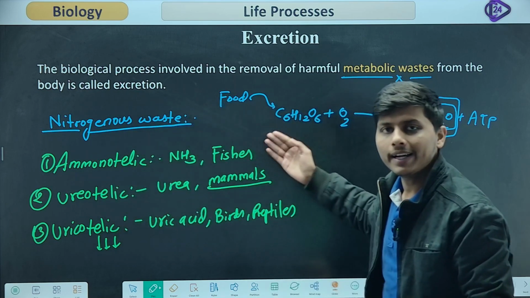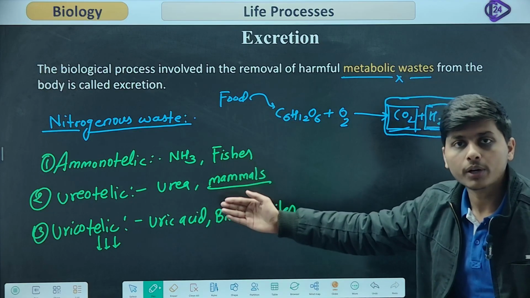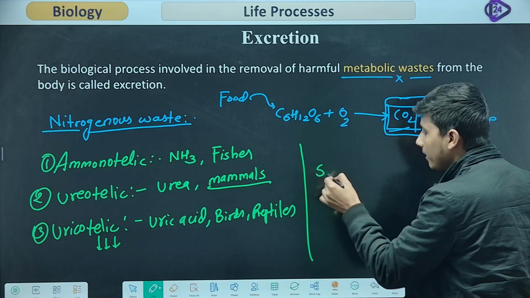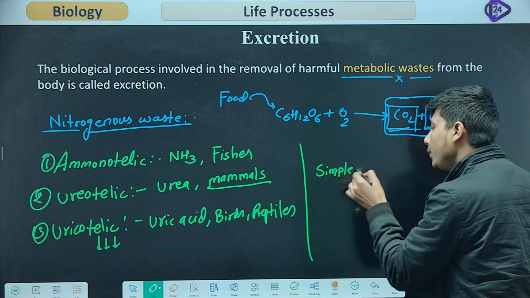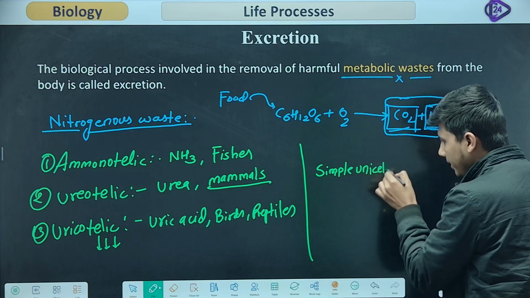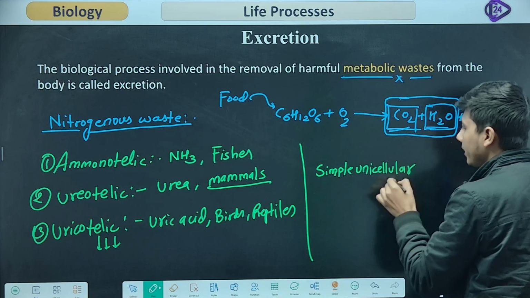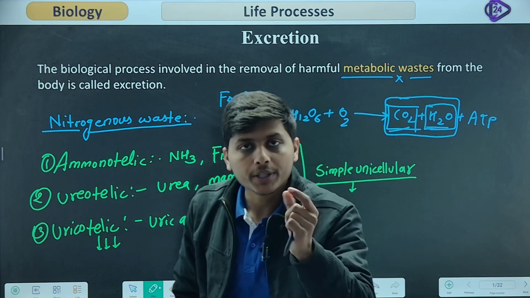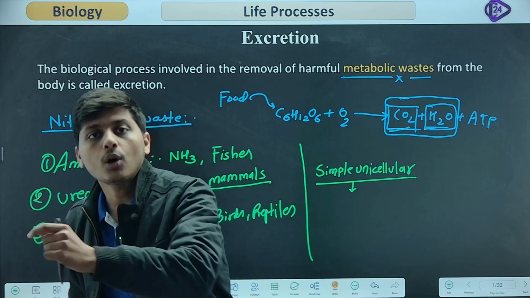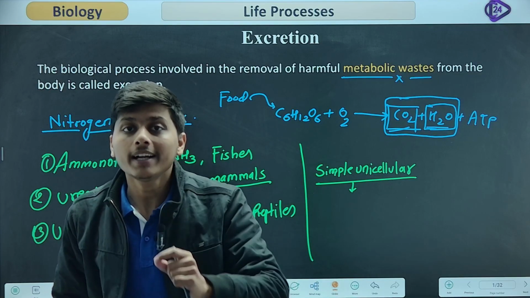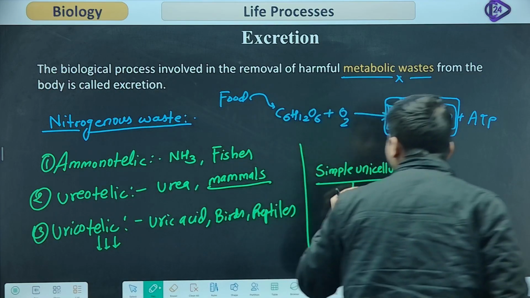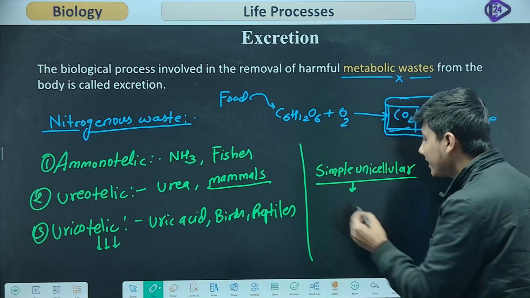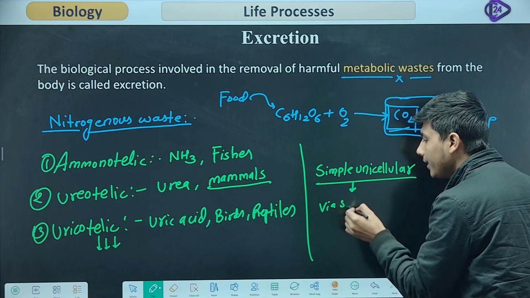Now move ahead. Understand simple organisms and multicellular organisms. NCERT says that in simple unicellular organisms, there are no excretory organs because they are unicellular. They are not at the organ level of organization; they are at the cellular level of organization. So they do not have an excretory system. They excrete via simple diffusion.